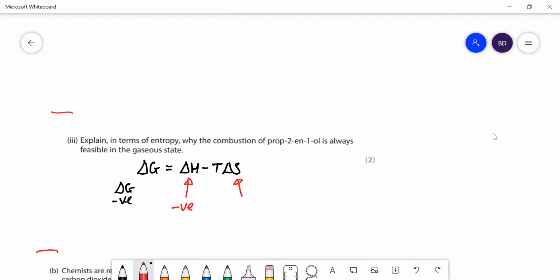And we can tell by looking at the products. So you've got your prop-2-en-1-ol plus 4 oxygens, and that goes to 3 carbon dioxides and 3 waters, all in the gaseous state.